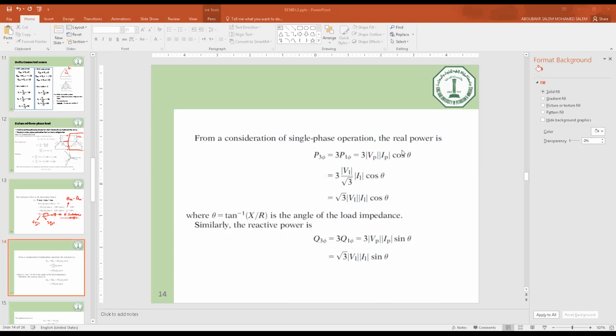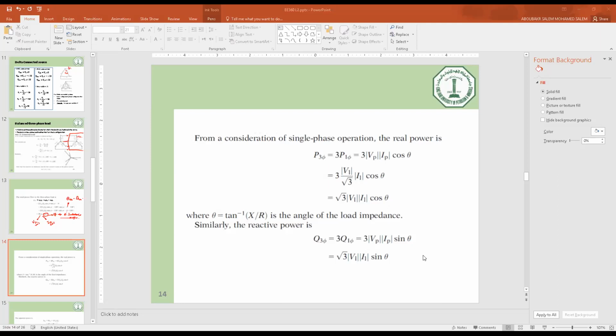So finally, we have two different relations. The relation of 3 V phase I phase cosine theta, or square root of 3 V line I line cosine theta, can be applied on delta or star. Similarly, we can calculate the reactive power, however, we should replace cosine theta by sine theta.